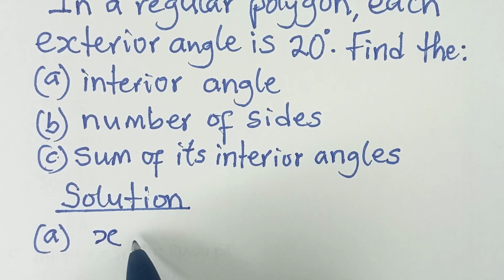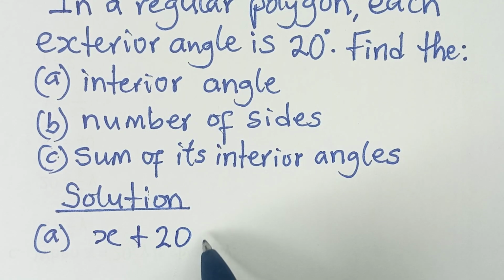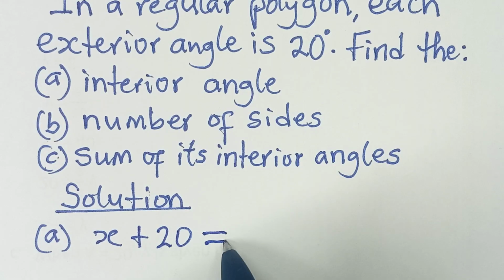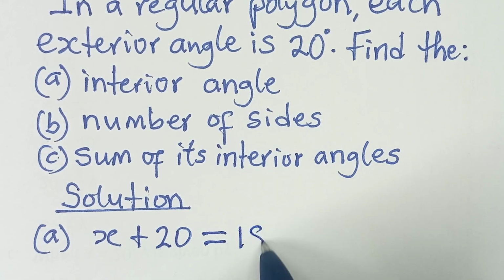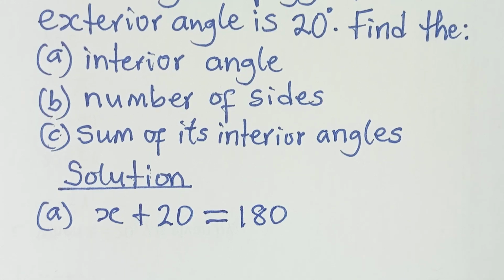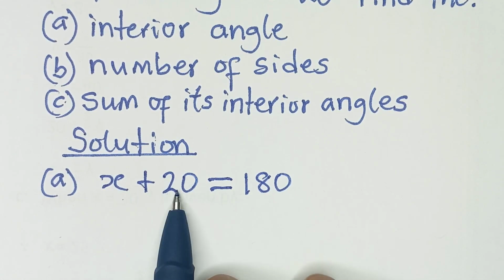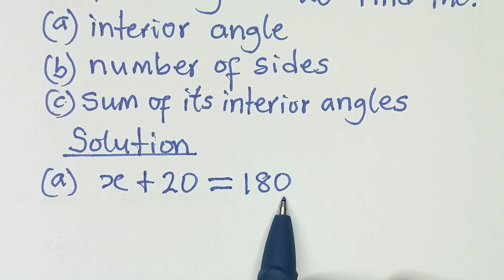So x plus the exterior angle, because they lie on a straight line, the sum of angles on a straight line, is equal to 180. For each exterior angle and each interior angle, they lie on a straight line and their addition gives 180.